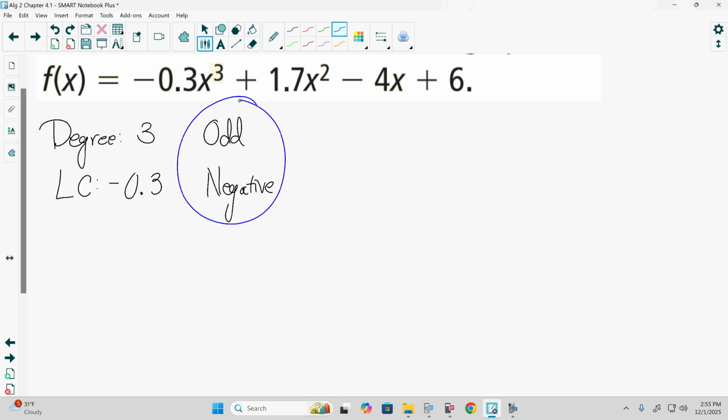So if I want to describe end behavior, we're looking over at our odd and negative one, which tells us f of x approaches positive infinity as x approaches negative infinity, and f of x approaches negative infinity as x approaches positive infinity.